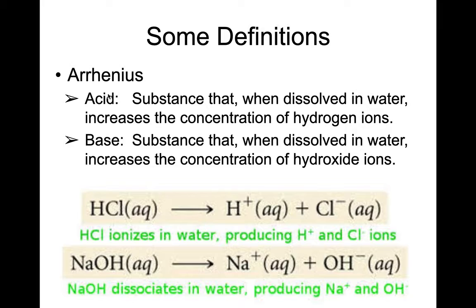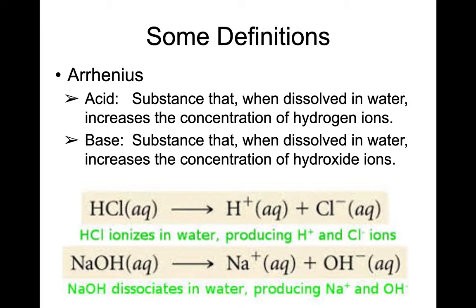Arrhenius said that an acid was any substance that, when dissolved in water, would increase the concentration of hydrogen ions, and a base was anything that, when dissolved in water, would increase the concentration of hydroxide ions.